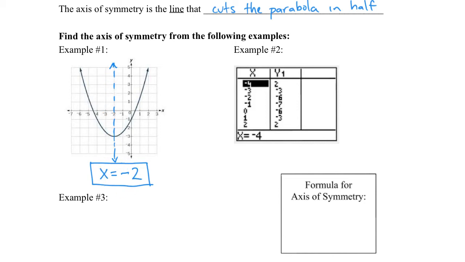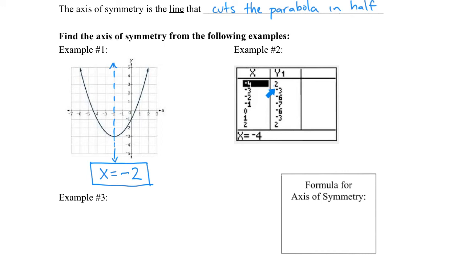Now, from a table, we can still identify where it is. When you're going to graph these parabolas, you're going to put them in your calculator into y equals. This will be later in the unit. And then you're going to look on the table. What I want you to notice about these y values is they are a mirror image.